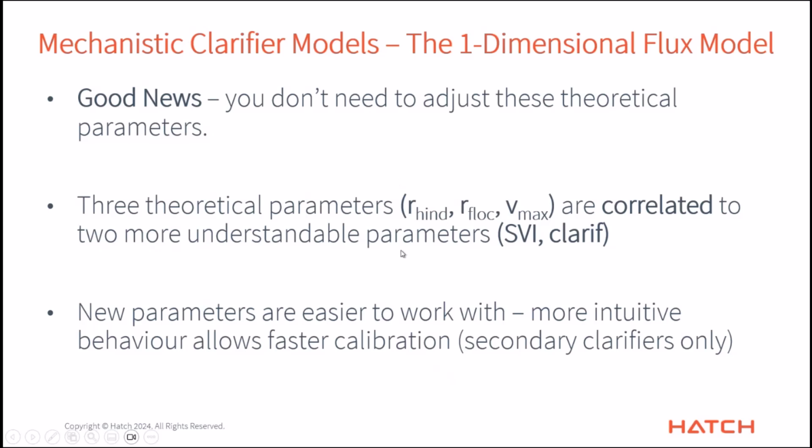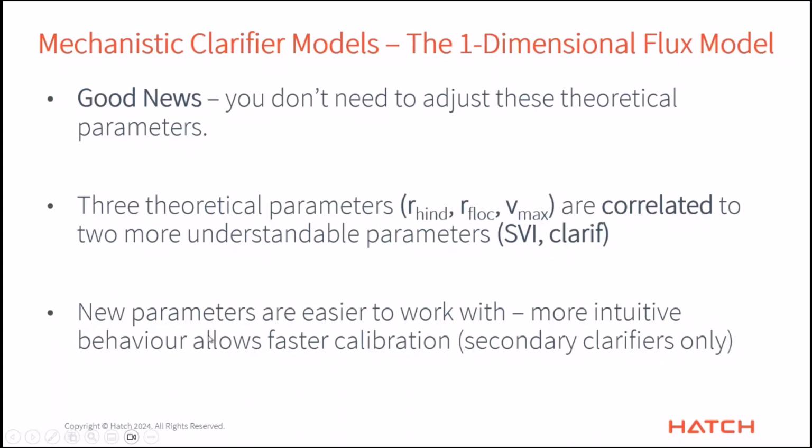Okay, so I was mentioning that these three parameters, the hindered and flocculent ones, and then the maximum settling velocity, are the ones that you want to use to calibrate your model, but they're not super intuitive, right? So what we did was we have a relationship and a regression that allows you to correlate these three parameters with two more understandable and intuitive parameters, SVI, sludge volume index, and this empirical clarification parameter called clarif.